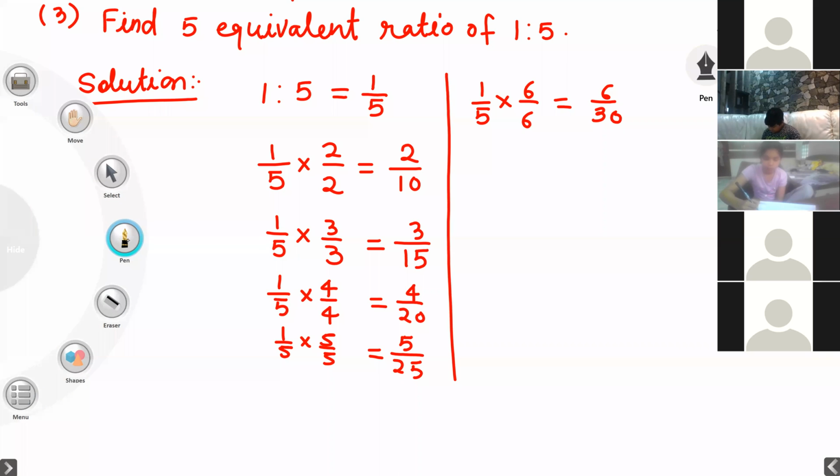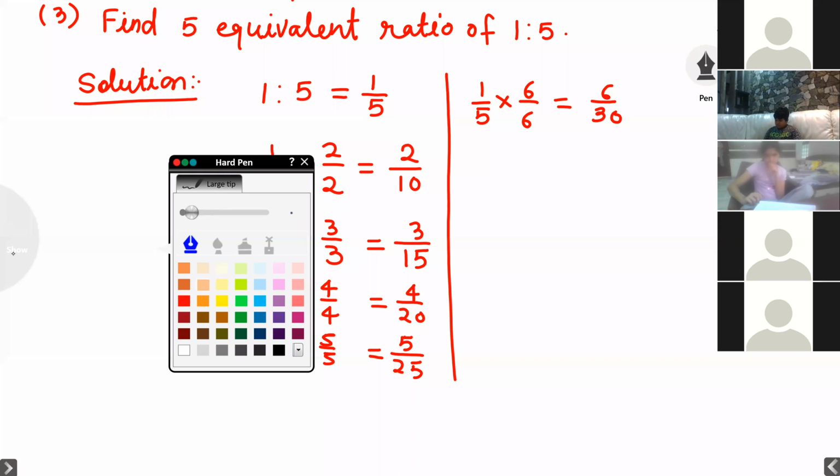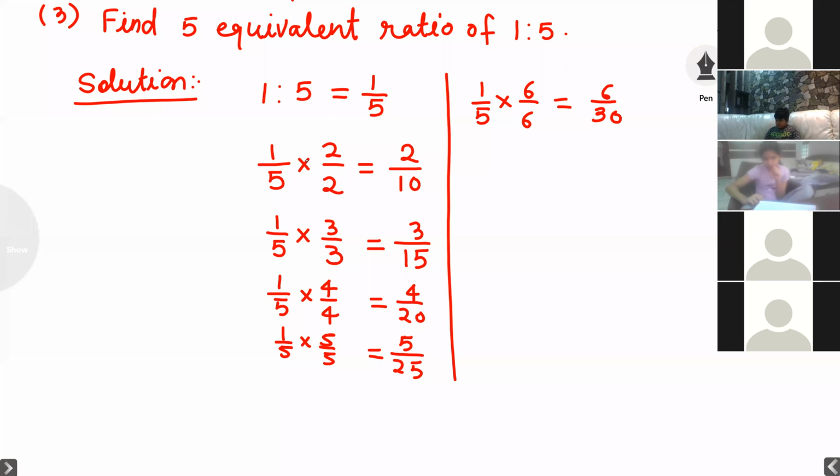Whatever fractions we just got, we want to convert into ratios.